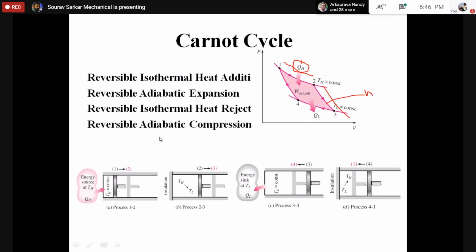But you have to reject the heat to satisfy the Kelvin-Planck statement, and finally there is compression work, which completes the cycle and brings the system into the initial state. So that is the reversible Carnot cycle.